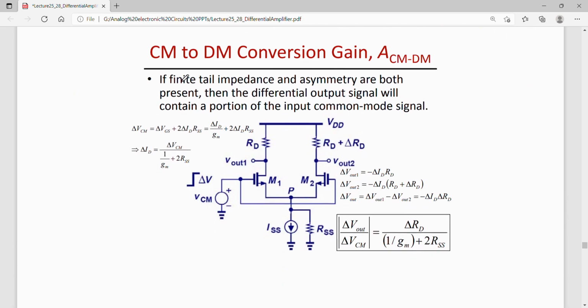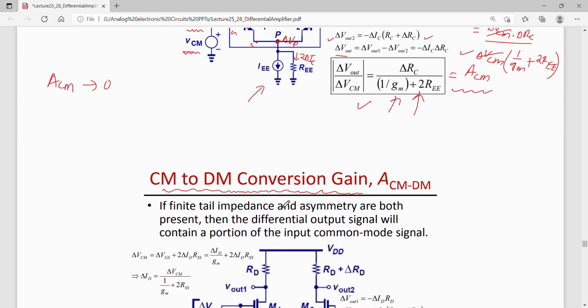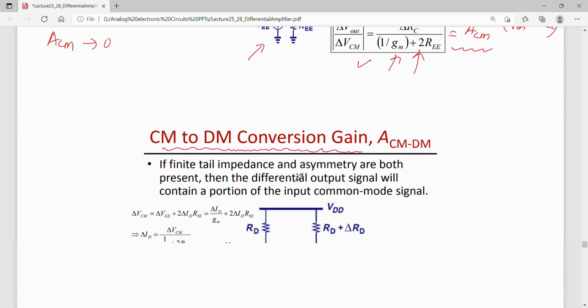A similar undesirable effect, that is common mode to differential mode conversion of gain, can be observed in a MOSFET based differential pair. So again, in this circuit we have simply replaced the BJTs by MOSFETs.